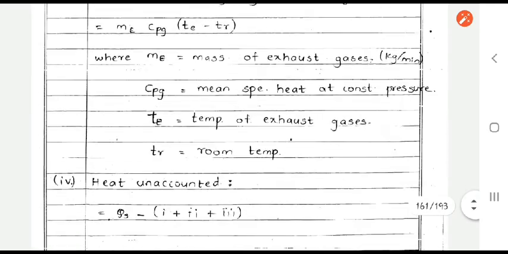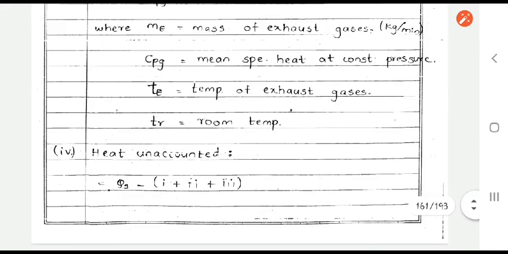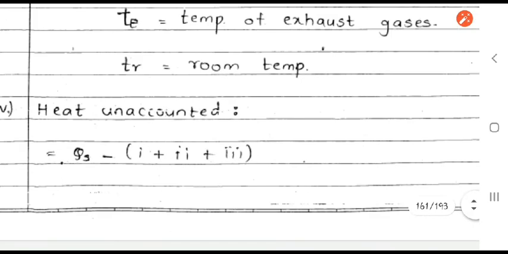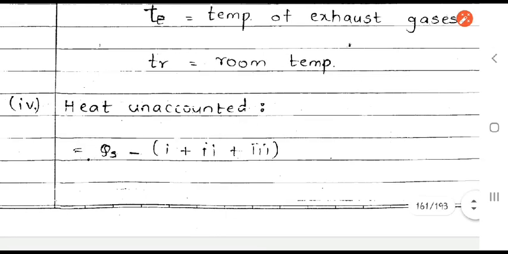With the help of the above calculations, finally we calculate the heat unaccounted. This is one kind of loss, and because of this, no engine gives 100% efficiency. The heat unaccounted is equal to the total heat supplied, Qs, minus the summation of the first plus second plus third.